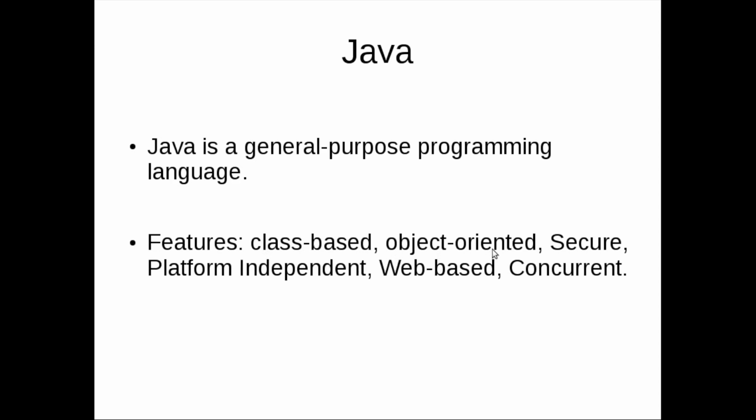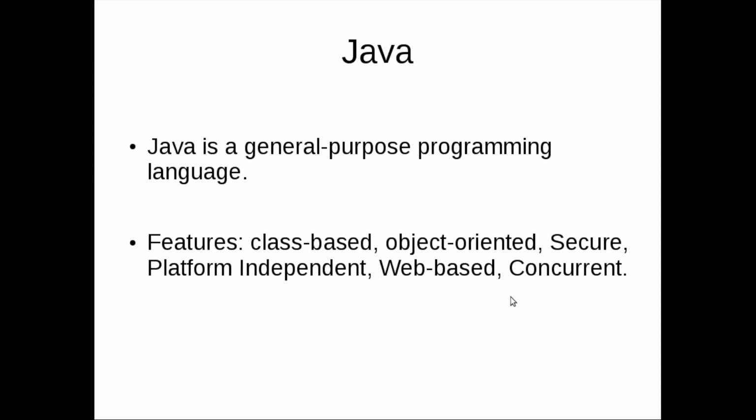Yeah, it is class-based. It is a most secure language, so widely used in client-server architecture and in enterprise solutions. It's platform independent. It is a web-based language and it is concurrent. Let me tell you the details about all these features one by one.